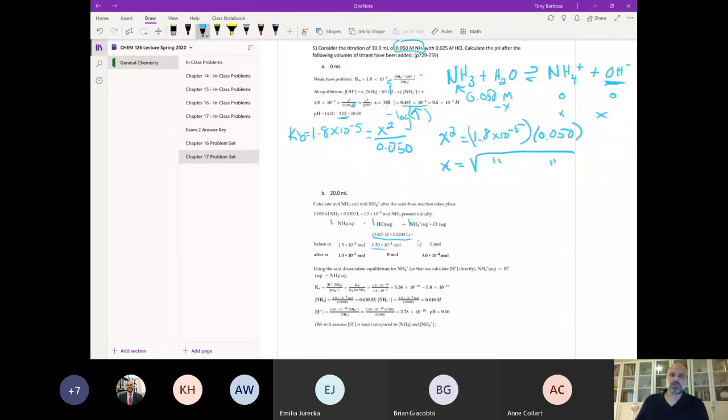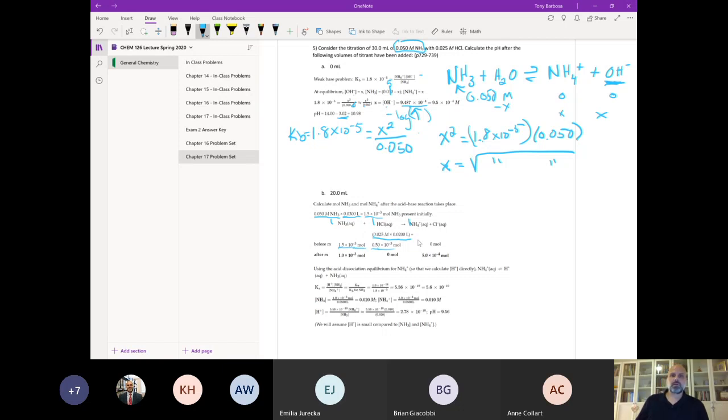That gives us 0.5 times 10 to the minus 3 moles of HCl being added. Initially, we're starting with our 0.05 molar solution of ammonia. We add 30 milliliters, so we have 1.5 times 10 to the minus 3 moles of ammonia.